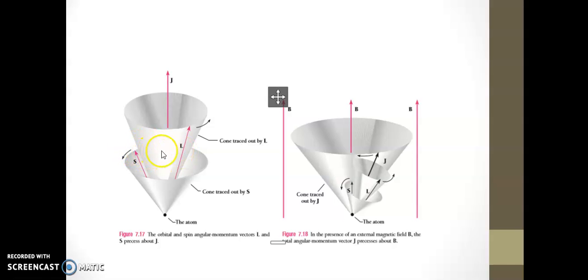SZ ക്രോസ് H ആകുന്ന രീതിയിൽ S വരും. So in the absence of a magnetic field, the orbital and spin angular momentum vectors precess about J.